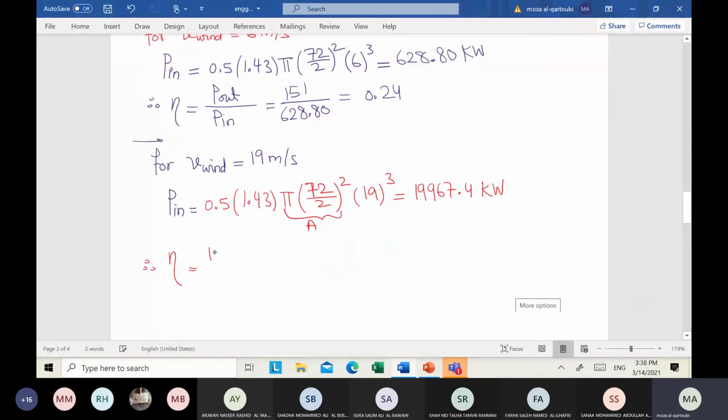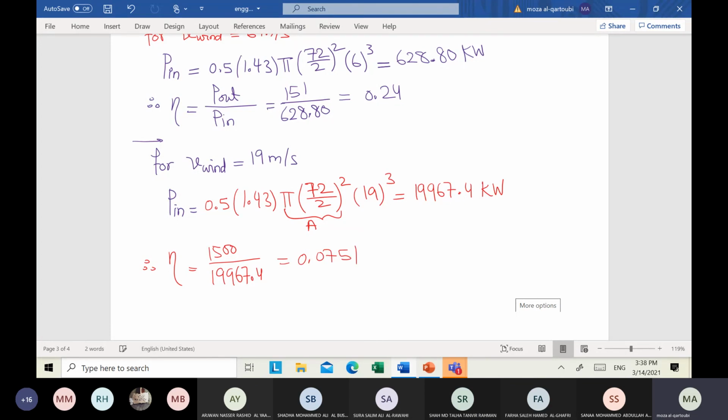So efficiency will be 1500 divided by 19967.4. Find the efficiency: it is 0.0751.